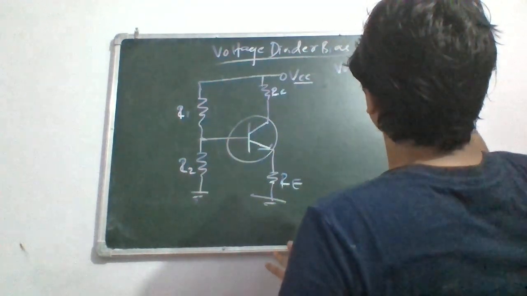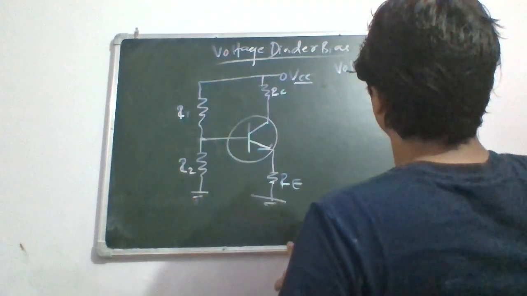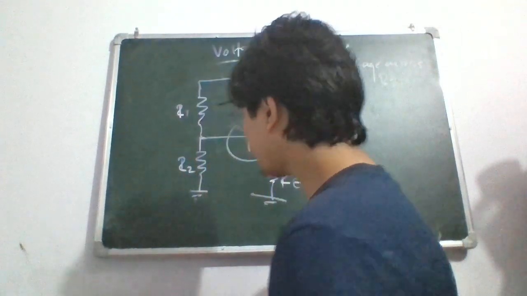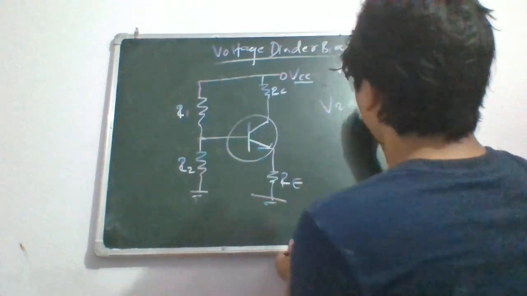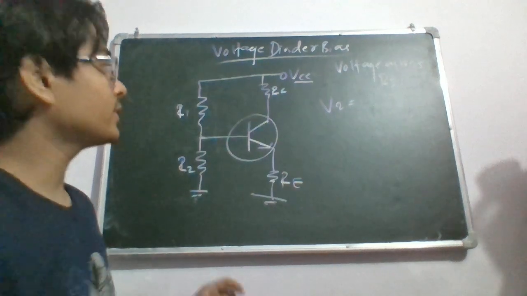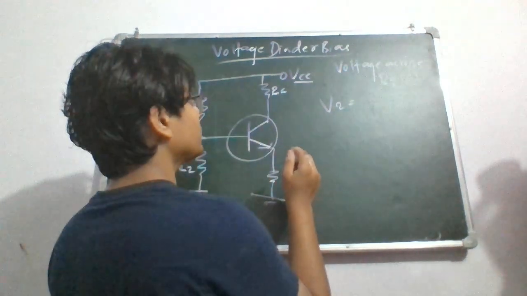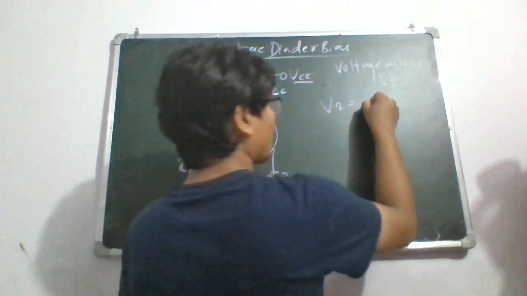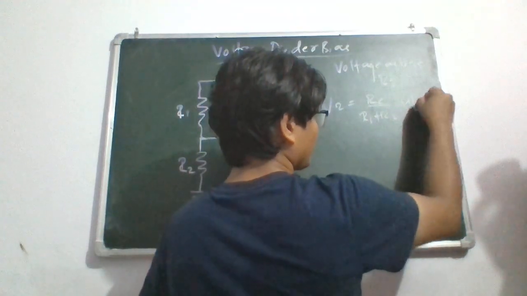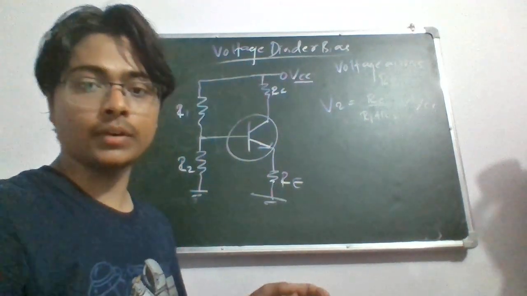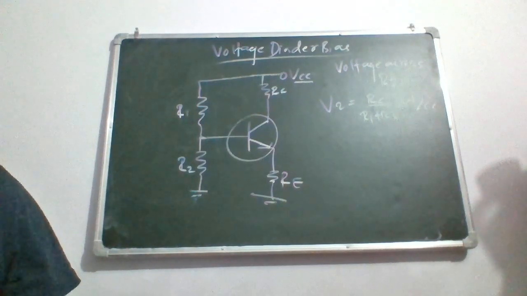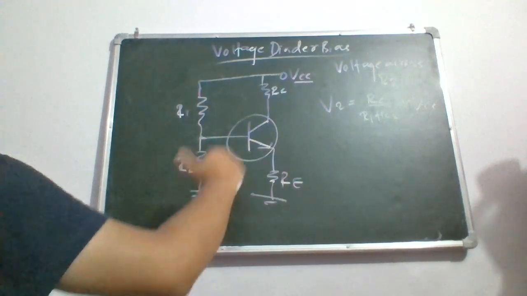If you see this voltage across R2, this would be V2 equals the equivalent resistance of these two, that means R2 by R1 plus R2 times VCC. Right. So this is what the voltage across resistance 2 is in the circuit.